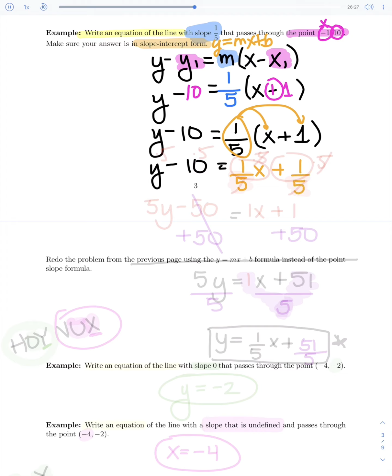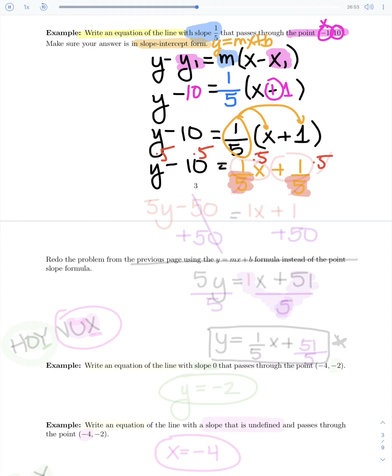Now here, if you're someone who really doesn't like fractions, we can get rid of them temporarily. Notice, they all have a divided by 5 on the bottom. So we'll just multiply everything, be careful, all the pieces left or right, by 5. Let's just get rid of them.